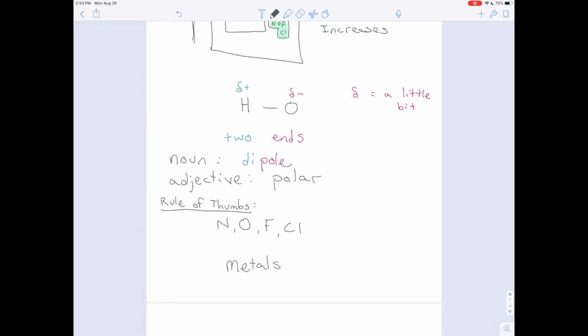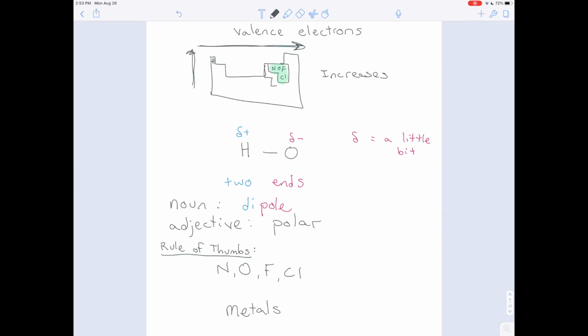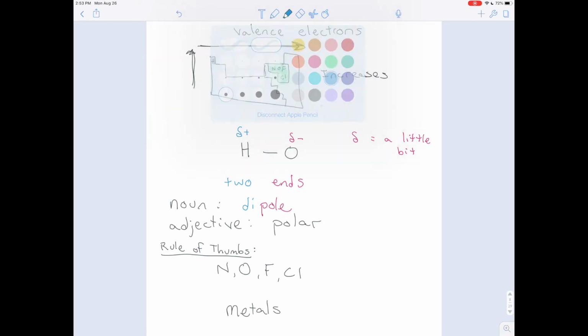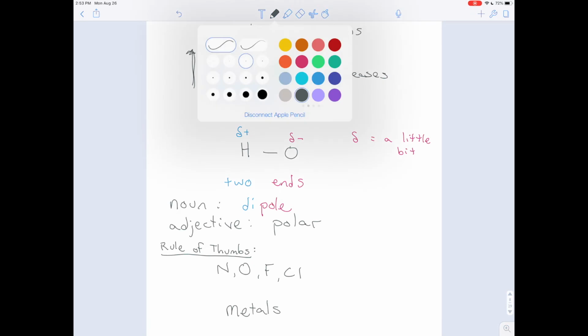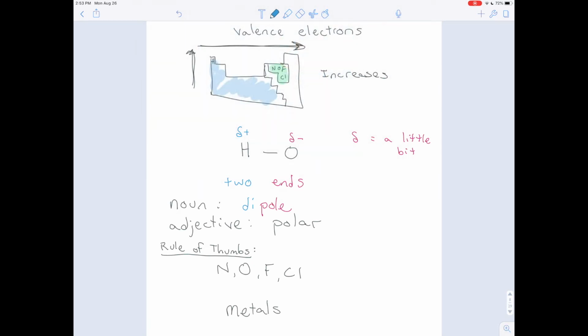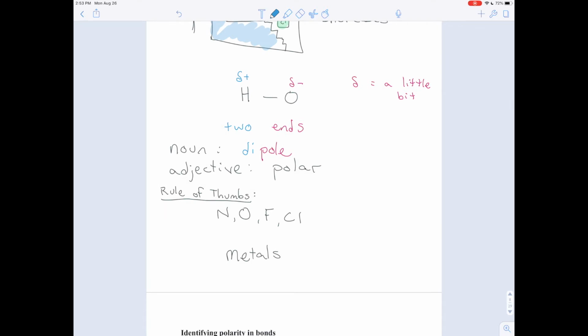On the periodic table, a good periodic table will have a zigzag line, and the metals are everything to the left of that line. In other words, the metals are on the left side of the periodic table. That means they have low electronegativity, especially the ones all the way over here. So they have extremely low electronegativity, so the metals will tend to give their electrons away. They don't attract them very much, so the metals will tend to be slightly positive, and anything they're bonded to will be slightly negative.